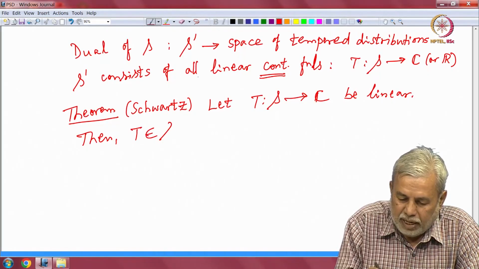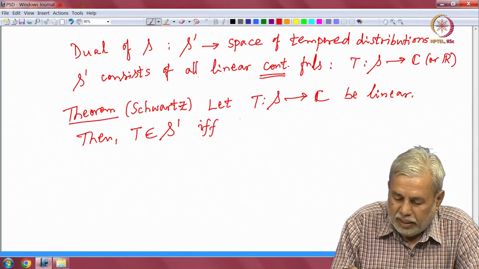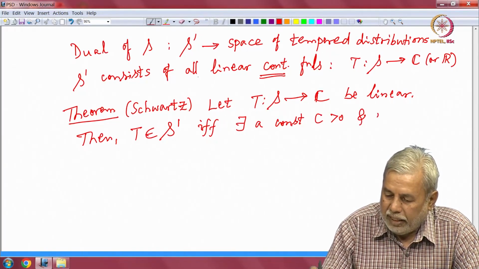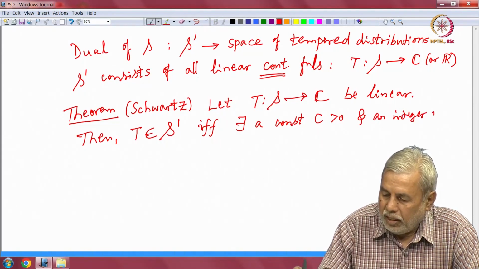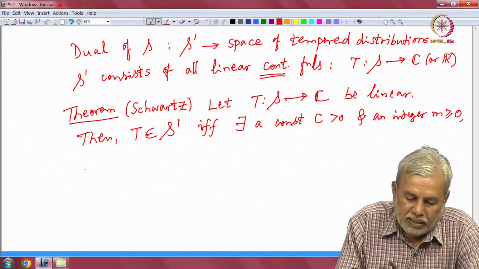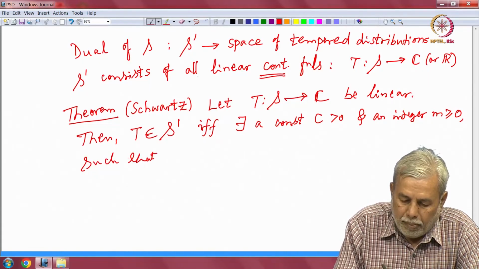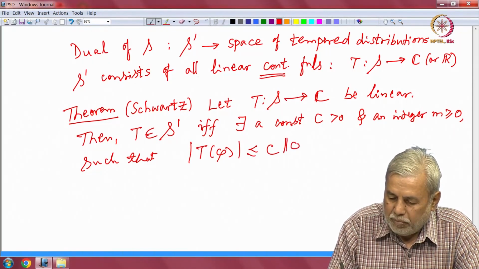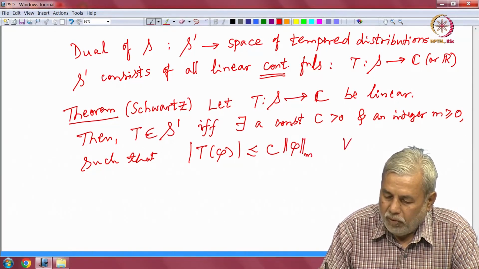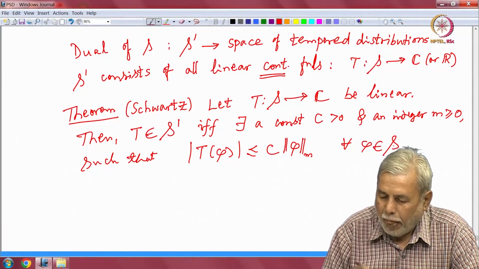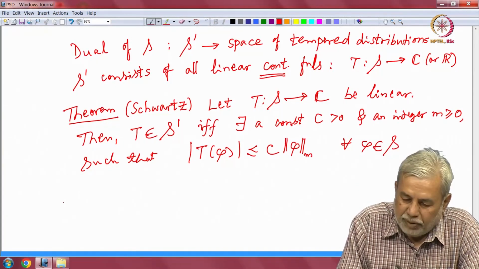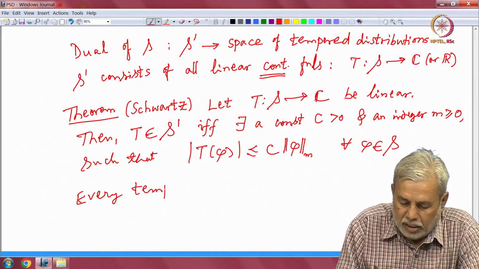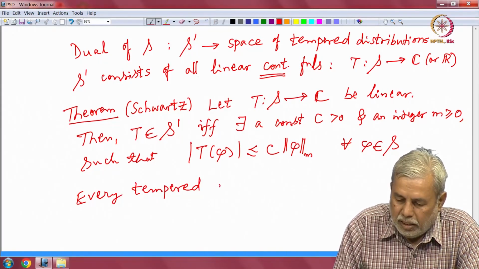T is in S prime if and only if there exists a constant C positive and an integer M, also including 0, such that |T(phi)| is less than or equal to C p_M(phi) for all phi in S. That way every tempered distribution is of finite order.